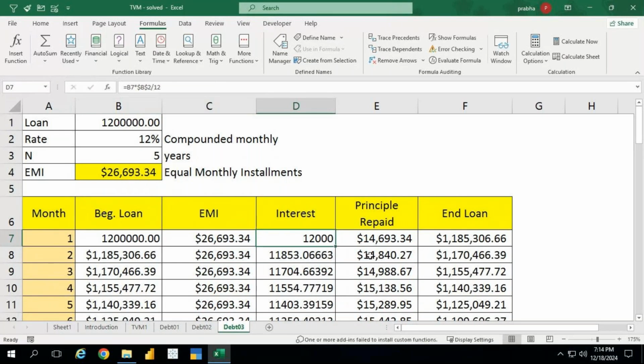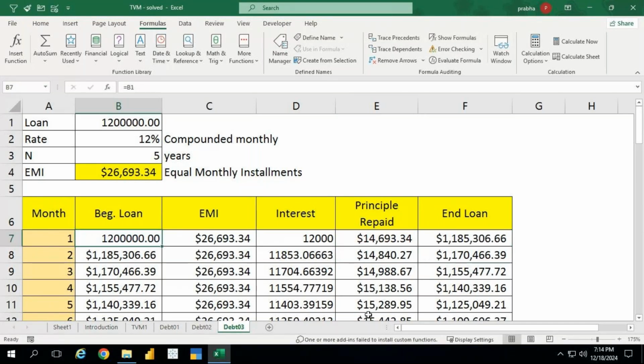Interest will be equals 12 lakh into 12% divided by 12. Okay, then principal repaid will be equals EMI minus interest. So this is principal repaid. Loan amount will be equals beginning loan minus principal repaid.